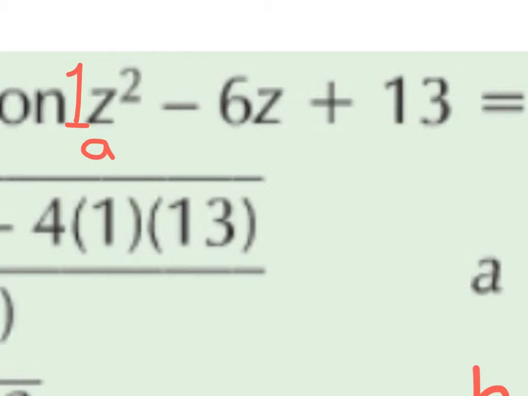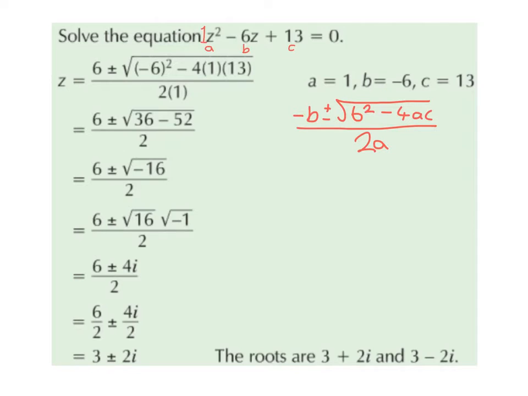We're going to label the minus 6z as b, and the constant, which is plus 13, as c. So the coefficient of z squared is always the a, the coefficient of z is always the b, and the constant on its own is always the c.